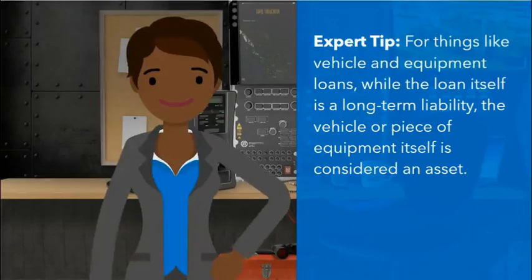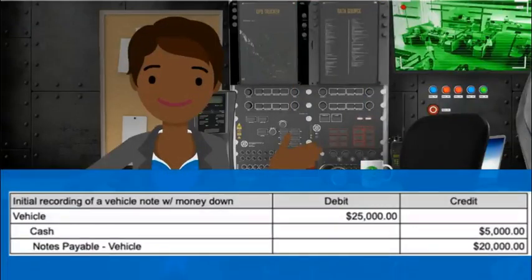In order to make the purchase, they made a $5,000 down payment and took out a loan for $20,000. In this case, in order to create the initial journal entry, we would set things up like this. Notice that we now have a vehicle asset account worth $25,000, while our cash is being credited for $5,000 and a notes payable account is being credited for $20,000.